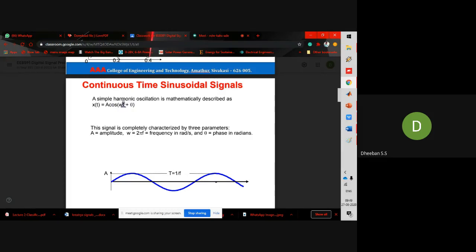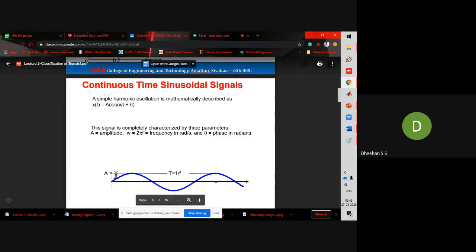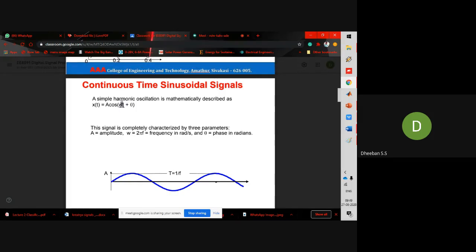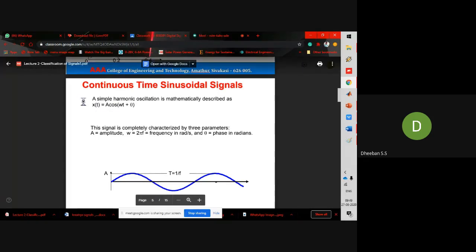When you substitute each value of time, for example pi, 2 pi, this cos term varies, and as the cos term varies, the x of t value varies. So x of t depends upon the time t.